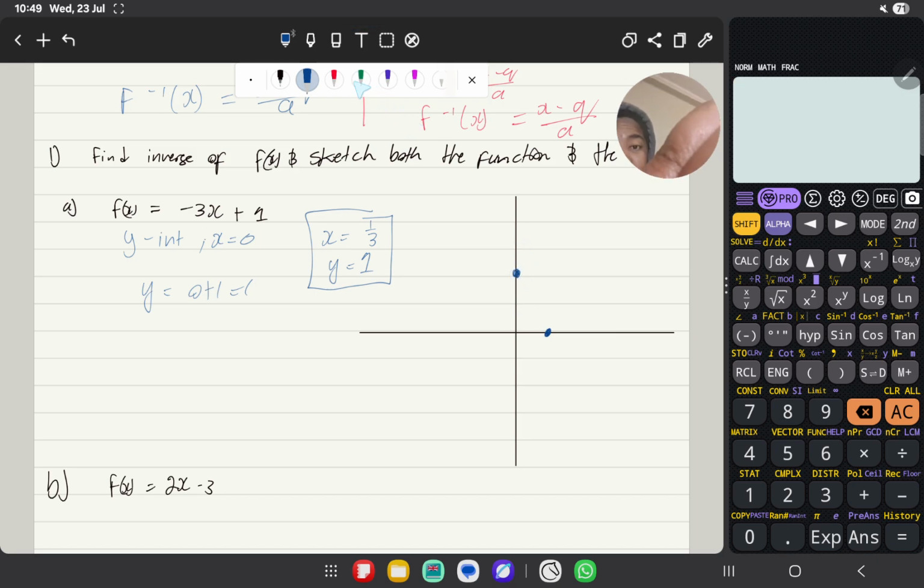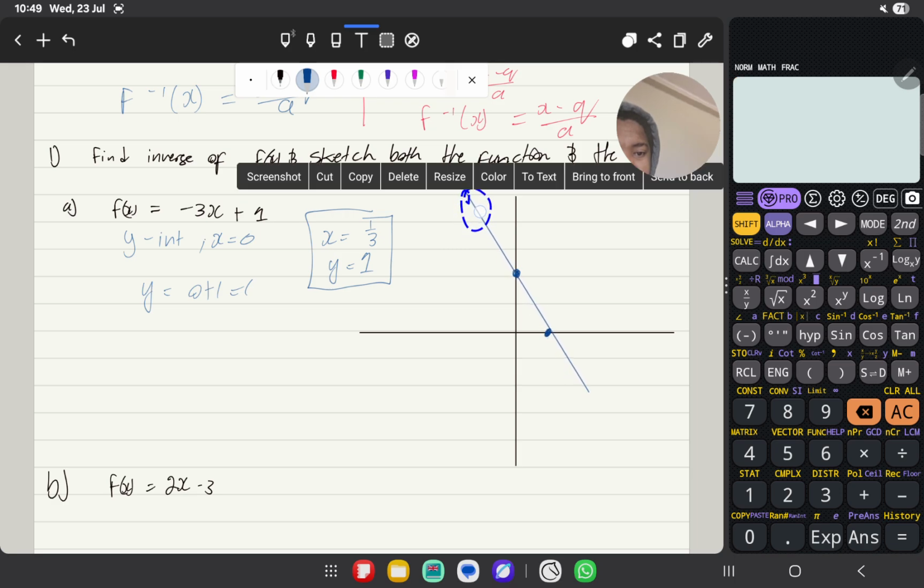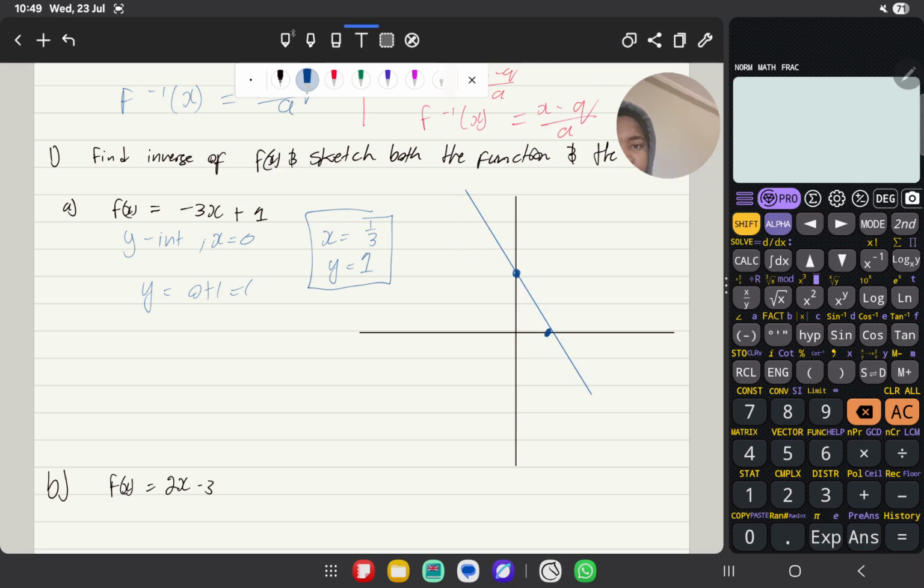So our graph, when we plot it, would be something like this. Cool. Yeah, it'd be something like that.